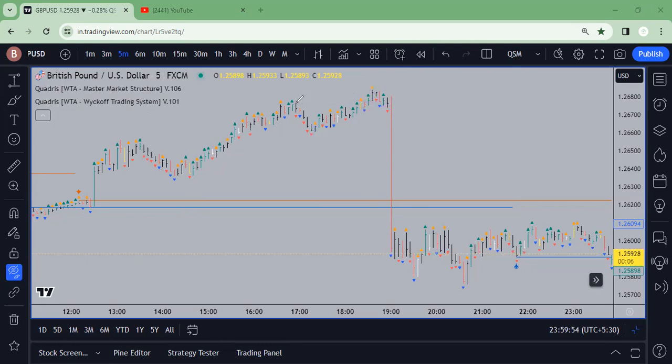If you see in the context, we have broken above, and we are sitting above the previous main resistance line, and we are getting weak supply.